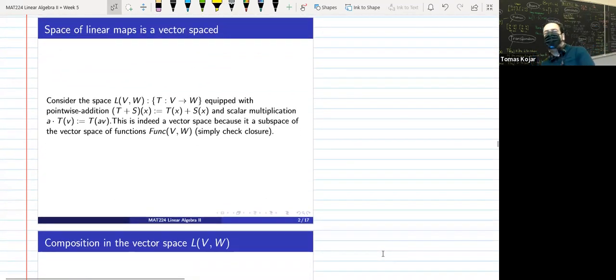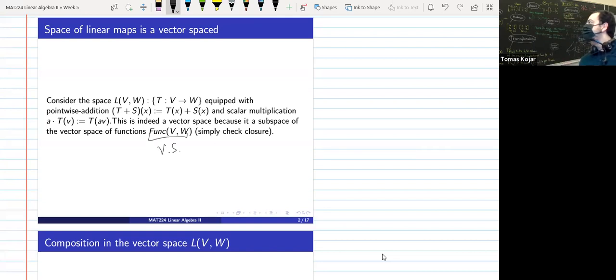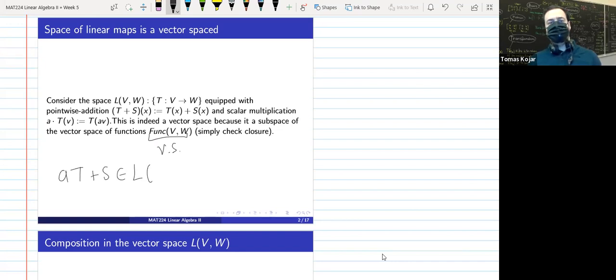A quick way to check is that you just need closure, because we've already done that. This is a vector space. You just have to show the subspace criterion, that aT plus S is inside the linear maps from V to W.